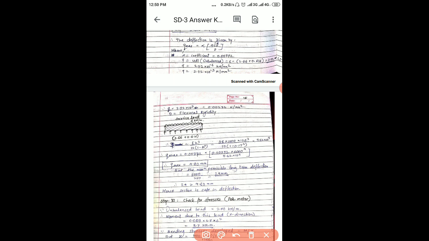Sorry, we have calculated this part D. Okay, this is the D part. D is equal to E h cube divided by 12 into 1 minus mu square. Okay, this is the Q max value.